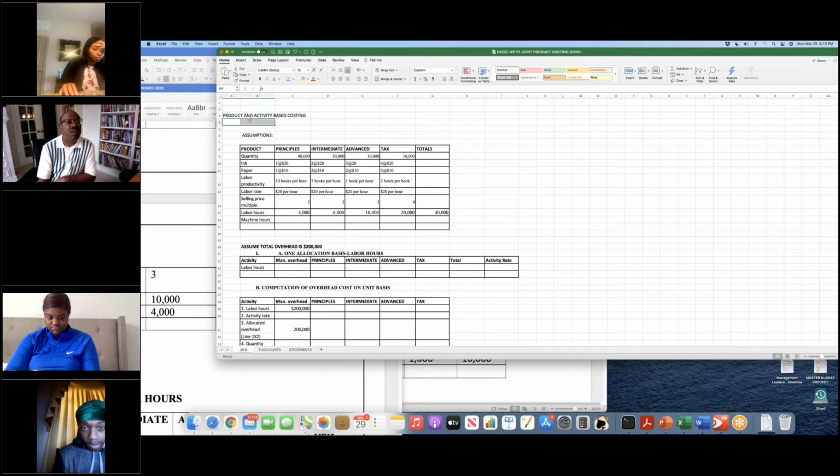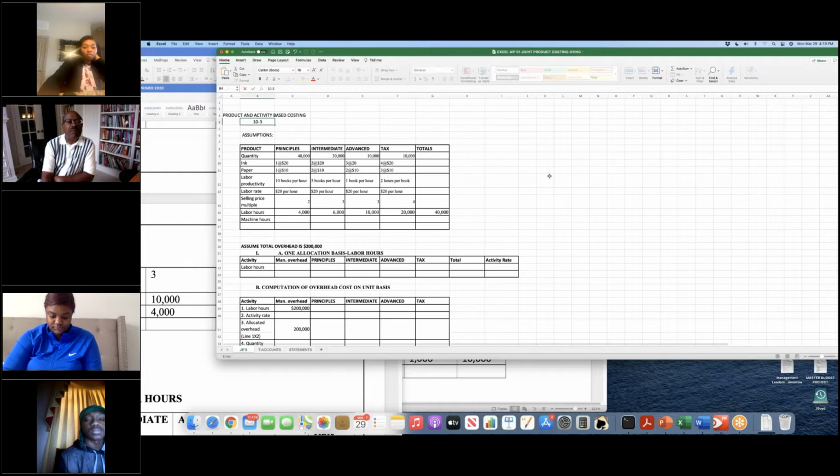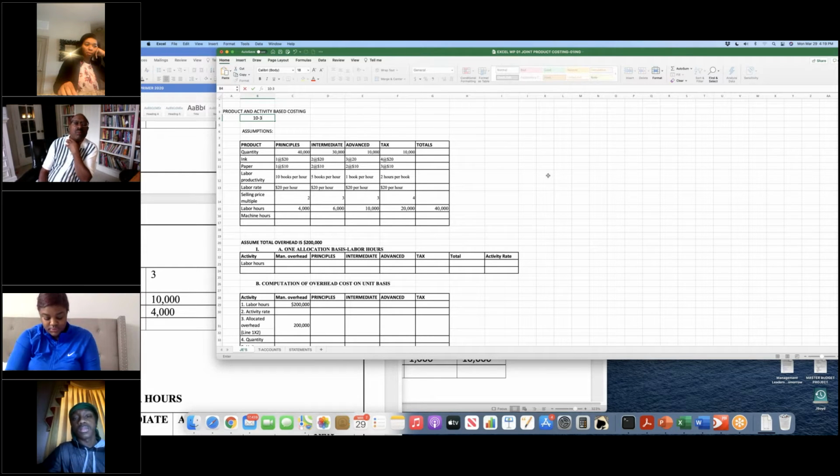Professor, did you just remove everything, because is that the original template for another assignment? Yeah, that was the in-class problem template. So now we have this information in here.